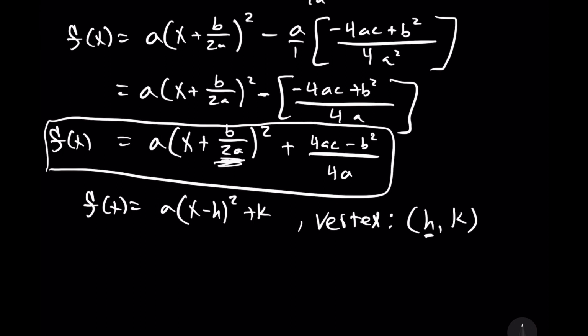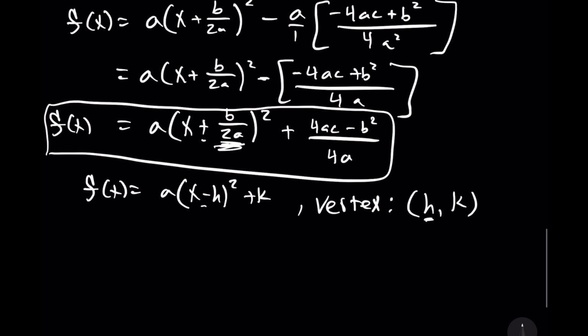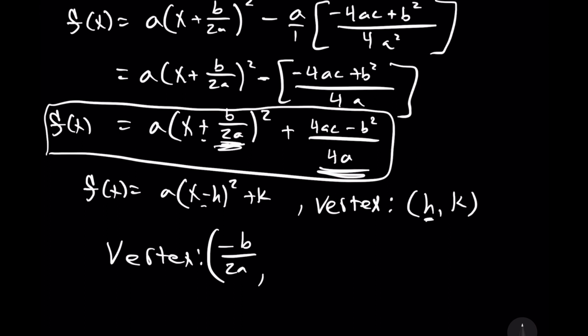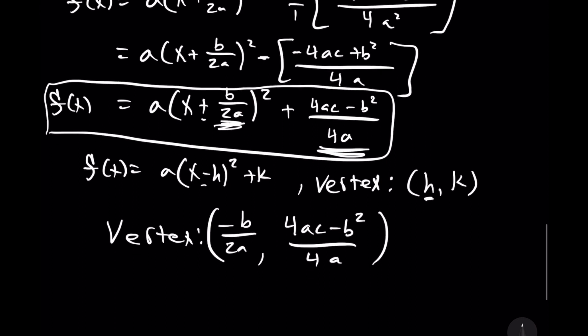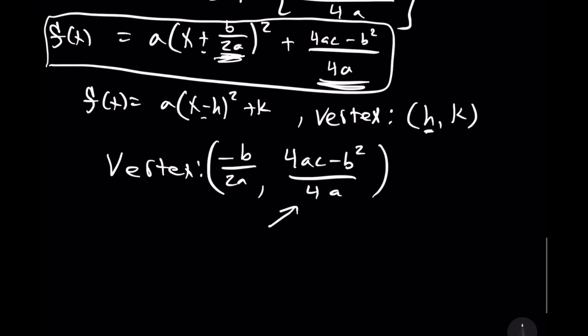But notice here we have a plus, here we have a minus. So the vertex must therefore be at minus b over 2a, comma, what's k? Well, k is this thing here. So that's 4ac minus b squared over 4a. And that right there should be equivalent to f of negative b over 2a.